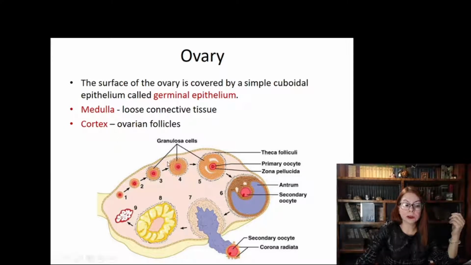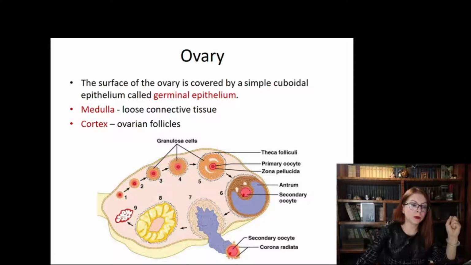And then, under the germinal epithelium, we can find the medulla and the cortex. In the medulla, loose connective tissue contains blood vessels and nerve endings, while in the cortex, we can find follicles at different steps of their maturation, and also the yellow bodies, the corpus luteum. And that's exactly what we are going to discuss.